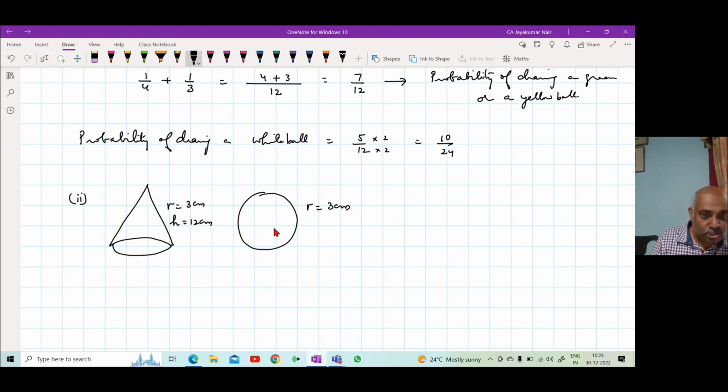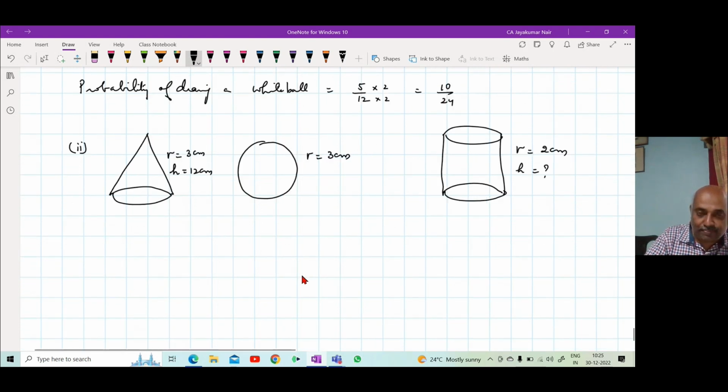And we are melting these two and we are going to make it into a cylinder. The radius of this cylinder should be 2 centimeters and they are asking you to find the height of the cylinder.